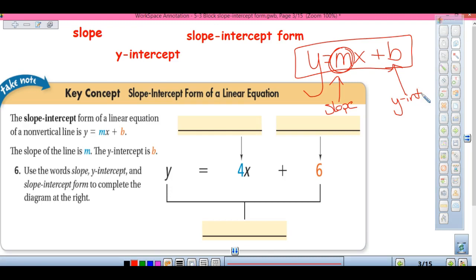So we have the equation y equals 4x plus 6. 4 stands for m, which is my slope. So 4 is my slope. 6 is my y-intercept.